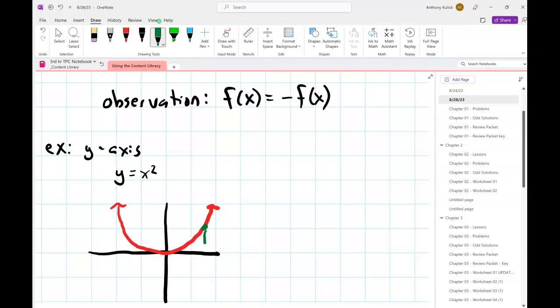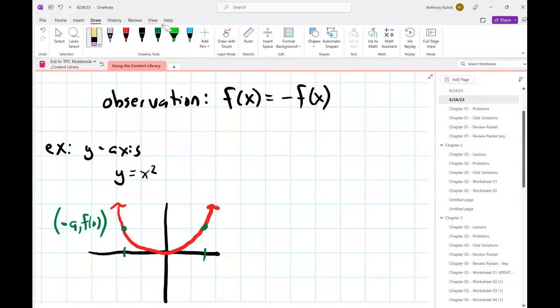So what we should notice here is if I have the x value a, and that's the point f of a, over here we should have negative a. I should put that by the point so it doesn't look like I'm labeling the x-axis.